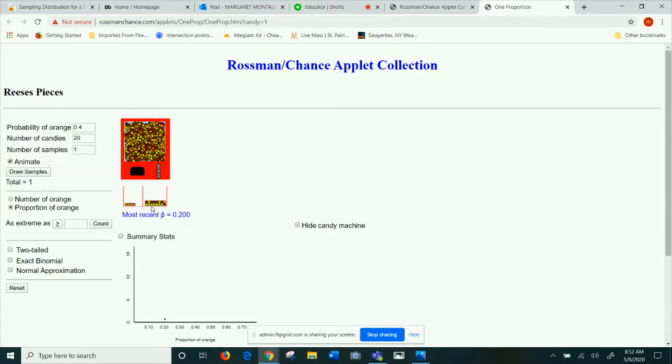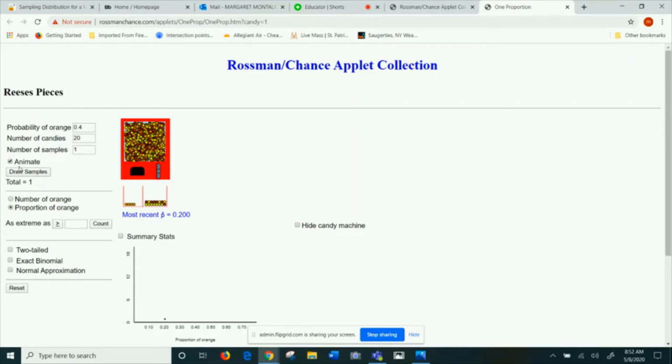So 4 divided by 20 is 0.20. The proportion of orange candies from this sample of 20 is 0.20.